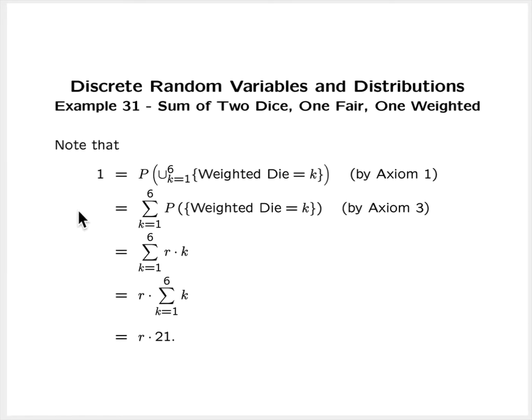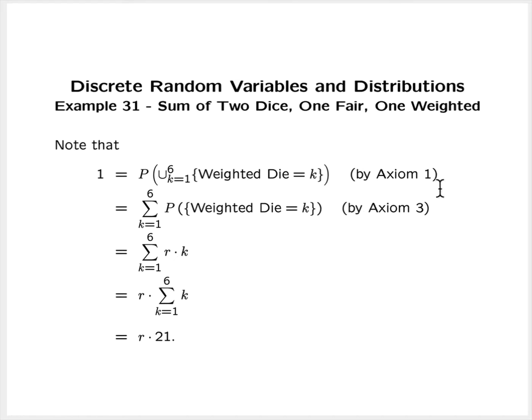To do this, we're going to go back and use some axioms from our axiomatic approach to probability, because that's the structure under which we are working right now, this most general approach to the probability calculus. And so note the following.